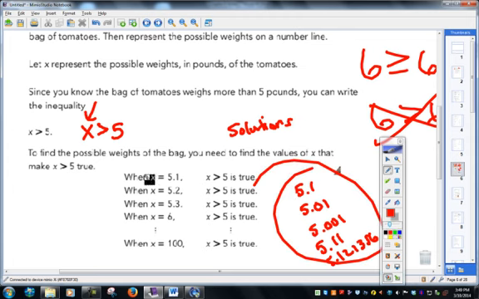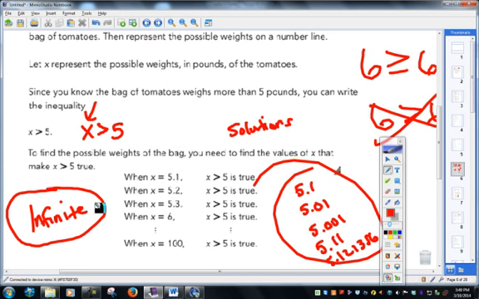So that's why we use this word right here, infinite. Infinite. I think that's how you spell it. I hope. Okay, it just means that there are more than you can count. There are more answers here than you can even account for. So when we put x greater than 5, we are saying all the infinite solutions that would make this a true statement. And like I said, there are infinite amount of those solutions, okay?